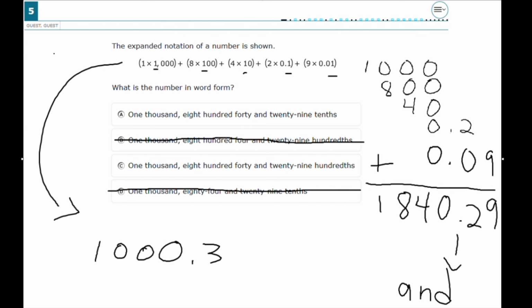Anytime your word form ends in tenths, your last number is going to be in the tenths place. But anytime it ends in hundredths, that means there's still something there in the hundredths. So, in other words, looking at our number, we have 1,840 and 29 hundredths. We don't have 29 tenths because we end in the hundredths. So that's where we're going to end, 29 hundredths. Therefore, answer choice C is correct.